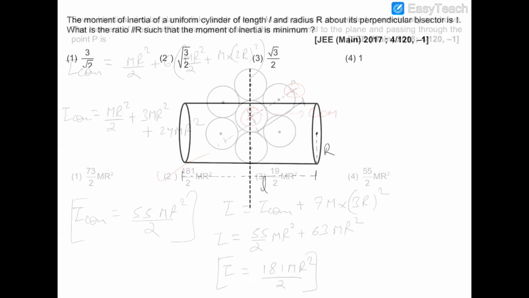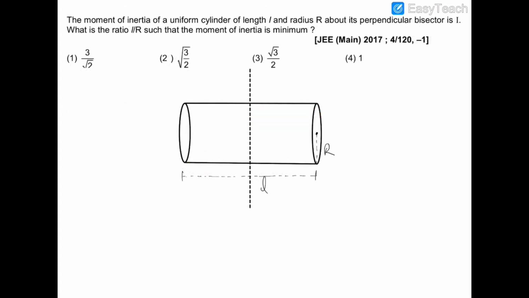Thank you. In this question, there is a cylinder of length L and radius R, and the moment of inertia of this cylinder about an axis which is passing through its center and is perpendicular bisector to the cylinder is I. So we have to find out the ratio of L upon R, for which the moment of inertia of the cylinder about this axis is minimum.